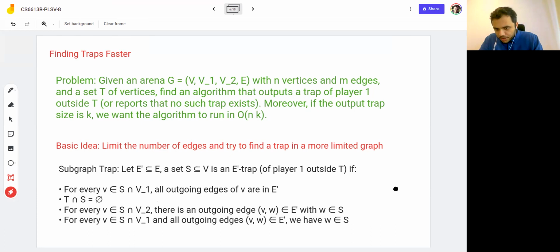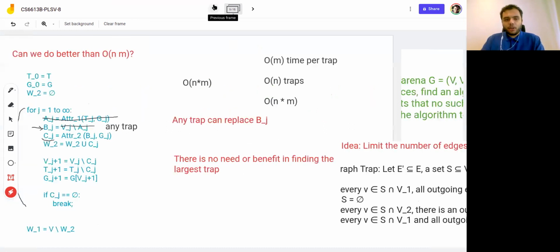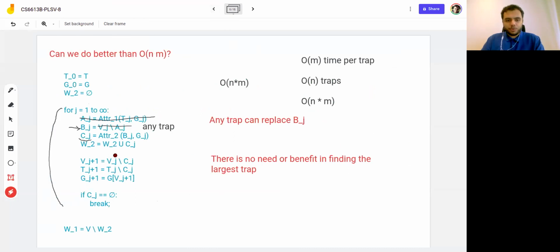Okay, so there is a question. Isn't k less than m? Doesn't it get us to where we were? No. Well, k is at most n, right? Because when I'm talking about a trap, it is a set of vertices. And every time I find a trap, I'm adding all the vertices in that trap to the winning set of player 2.